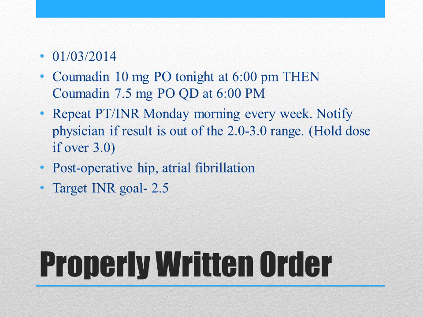Notify the physician if result is out of the 2.0 to 3.0 range, and hold dose if over 3.0. This is being prescribed for post-operative hip and atrial fibrillation, and the target INR goal is 2.5. So this would be a properly written order. Every single time that you receive lab results back, you need to be calling to get a new order for those labs to be drawn.